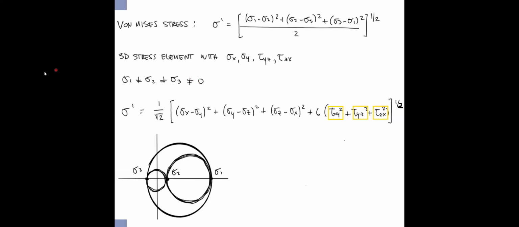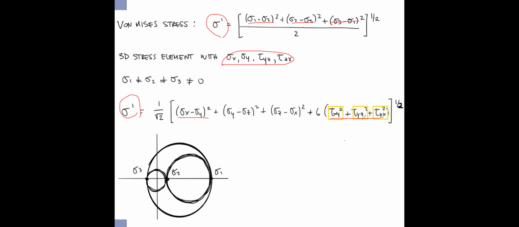Then we can define the von Mises stress in terms of the 3D stress element. This slide presents two representations of the von Mises stress: one with the principal stresses sigma 1, 2, 3, and the other in terms of sigma x, sigma y, and tau xy.